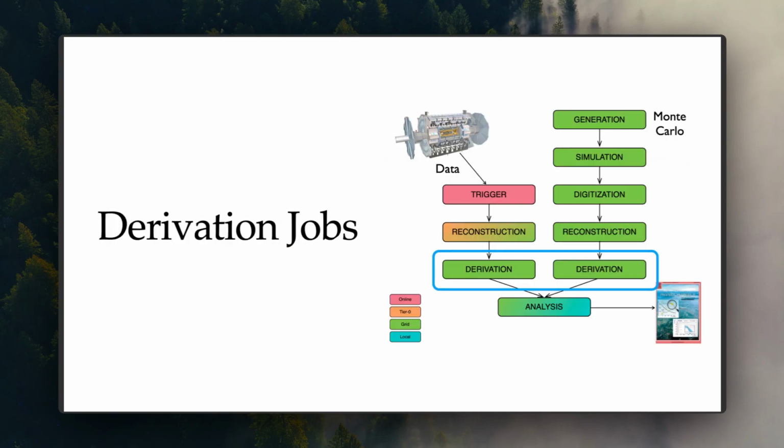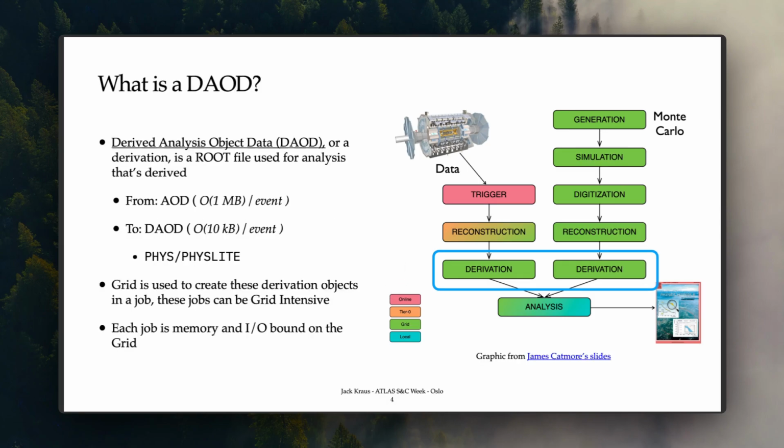So let's talk a bit about derivation jobs. Derivation jobs are jobs that take reconstructed data, so AODs, and turn them into derived analysis object data, DAODs, which are ROOT files that are used for analysis.